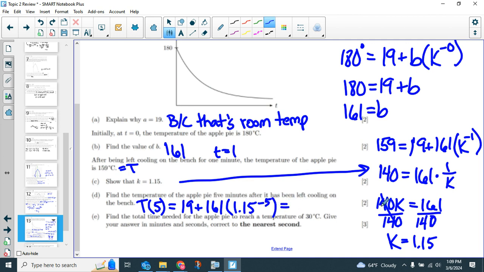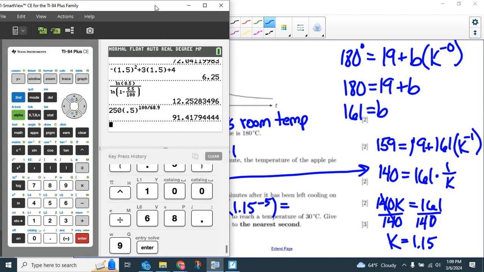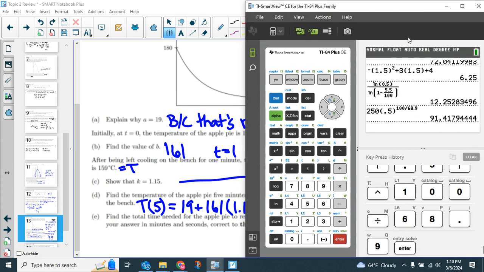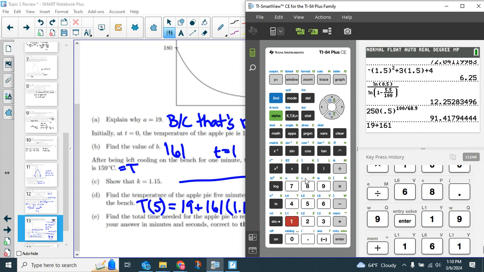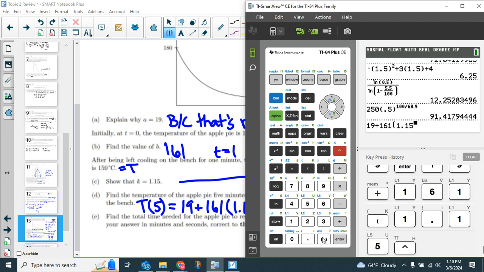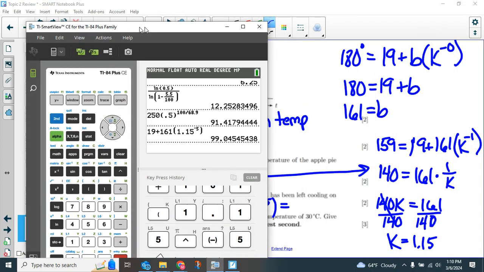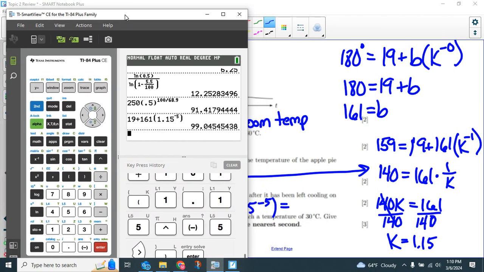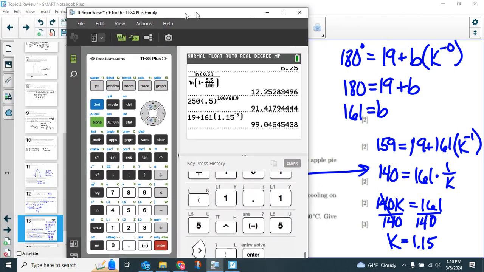And we just plug that straight into our calculator. So we have 19 plus 161 times 1.15 to the negative 5th power. All right, so 99.0 degrees.